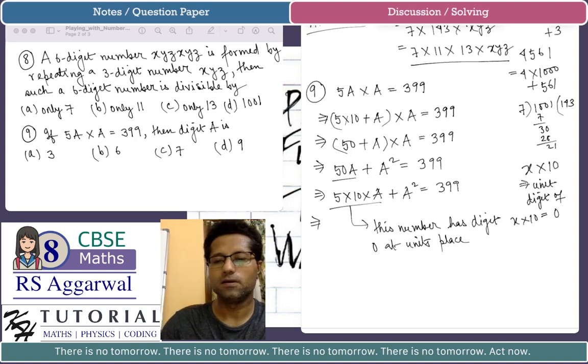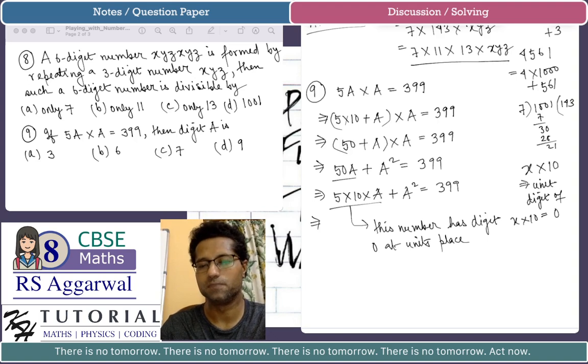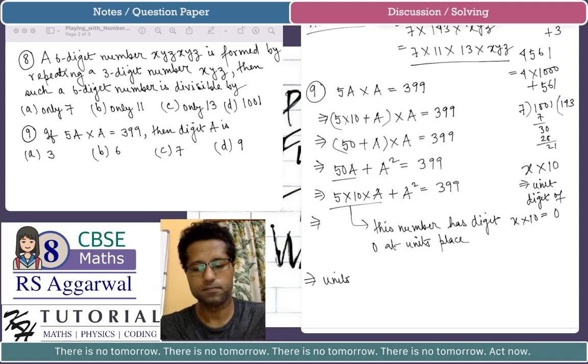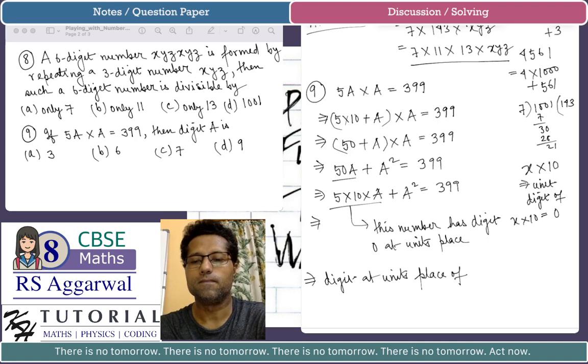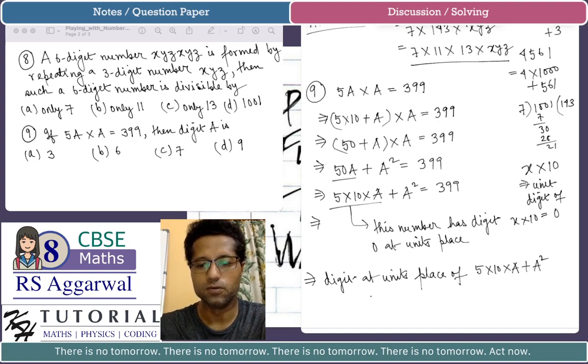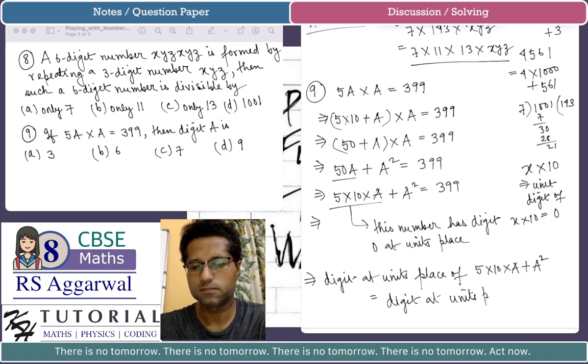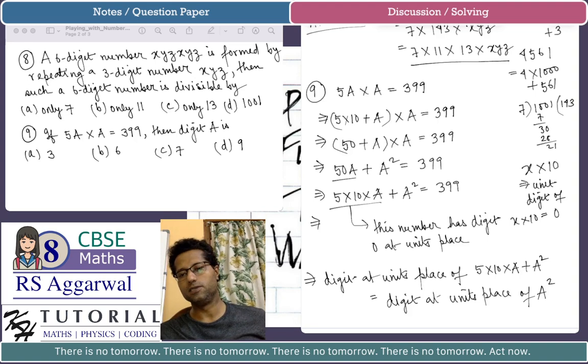So if we are adding a number which has the digit 0 at the units place with the number a square, then the digit at the units place of 5 into 10 into a plus a square will be equal to the digit at the units place of a square, because the number 5 into 10 into a has a digit at the units place as 0.